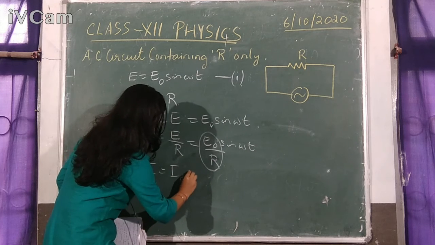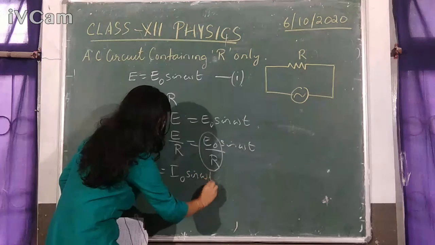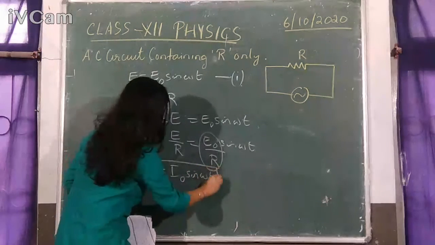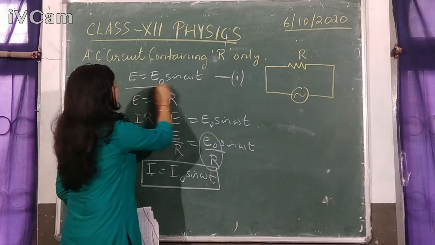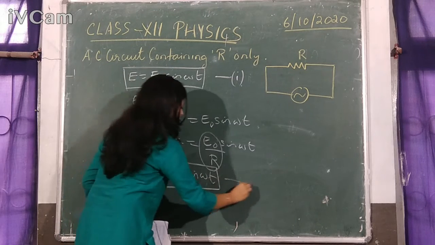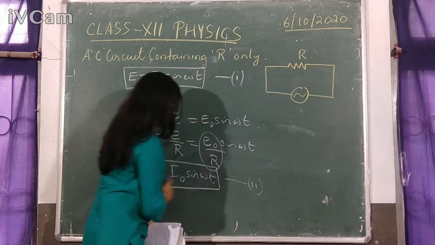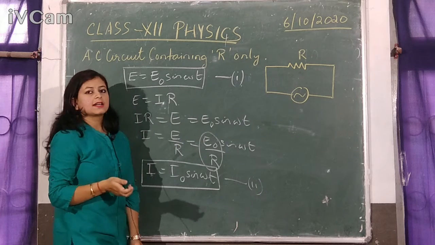So it is equal to I naught sine omega t. So from the equation of EMF, we have successfully derived the equation of current for a circuit containing R only.